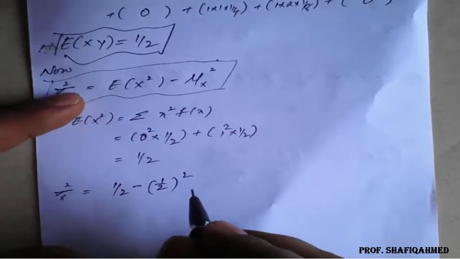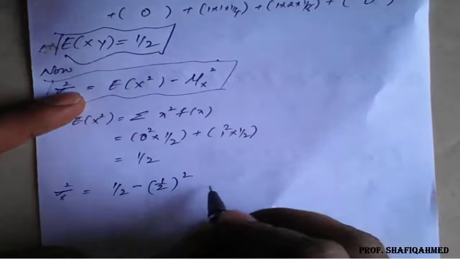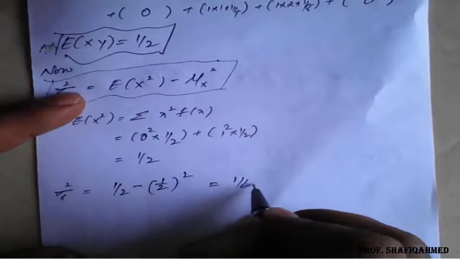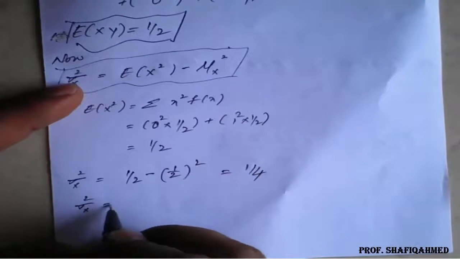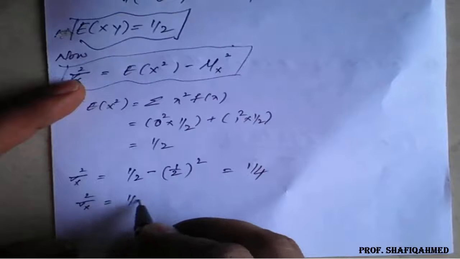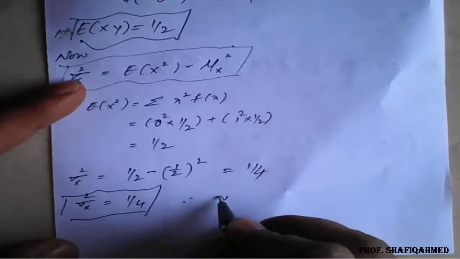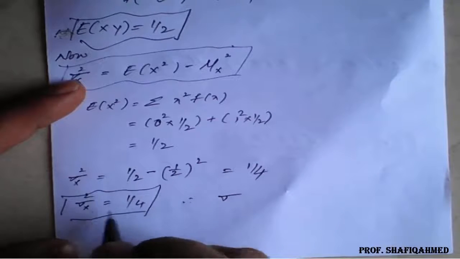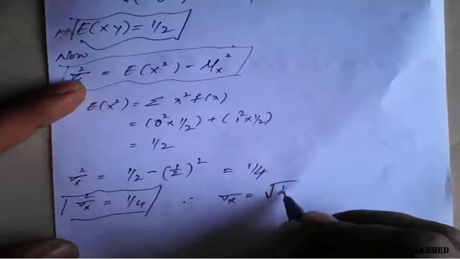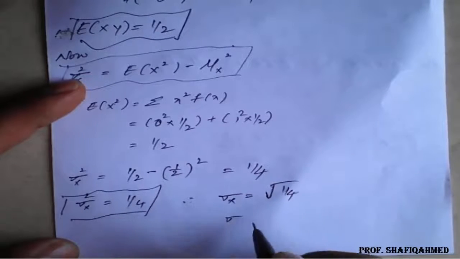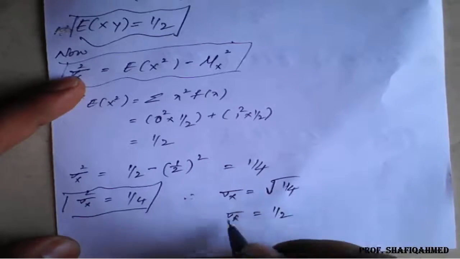The final result is 1 by 4, so the variance of x is 1 by 4. The standard deviation of x will be the square root of 1 by 4, which is 1 upon 2.